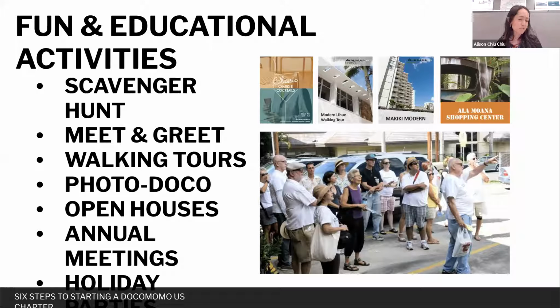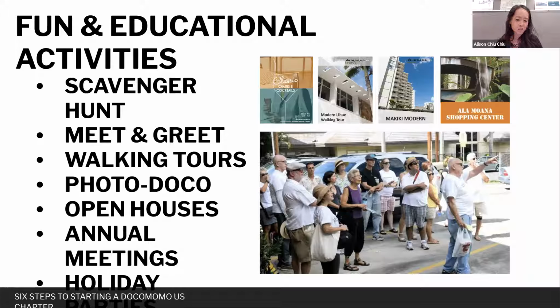We did a mid-century scavenger hunt at the largest shopping center that we have in Honolulu. You wouldn't know to look at it today, but it was built in 1959, and there are a lot of little clues still there from the original mall. So we did that. That had a really good turnout, and we partnered with Design Within Reach at that time as well. They were located at the mall.